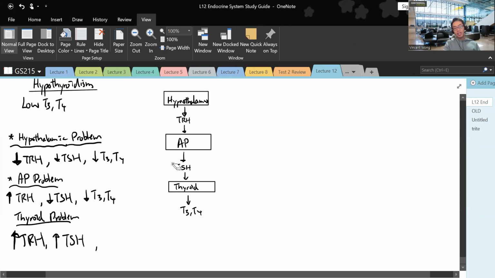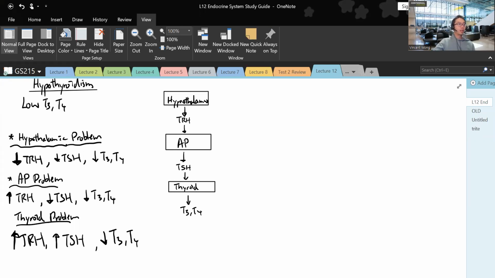But despite having high TSH level, the thyroid is not responding. There's some kind of thyroid problem here, whatever the case is, and it's not able to produce the T3, T4. So depending on where the problem occurs, the blood test will show different results for the various levels of the hormones involved in this particular pathway.